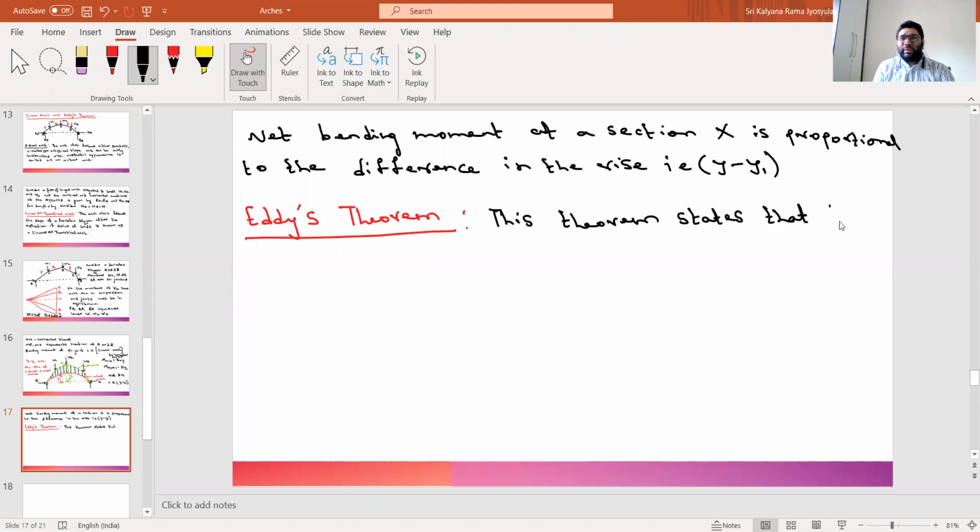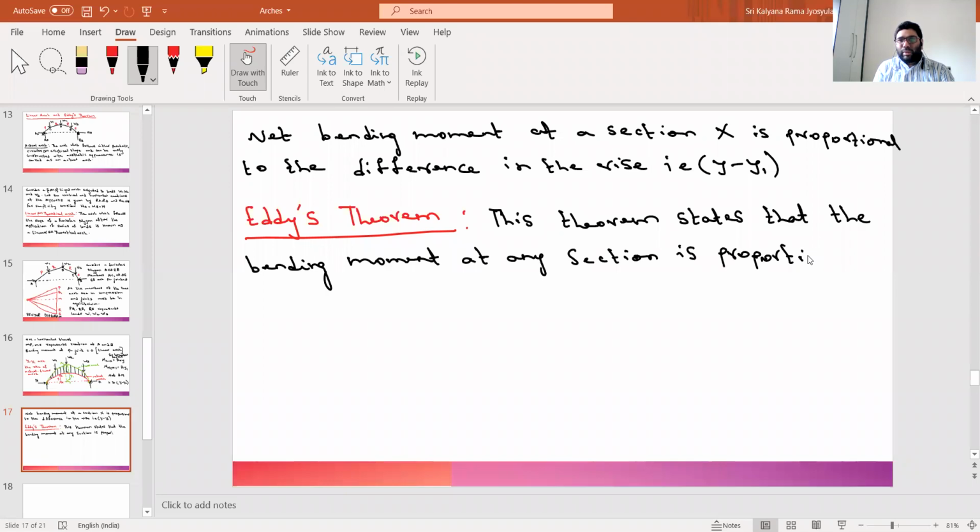This theorem states that the bending moment at any given section is proportional to the vertical intercept.